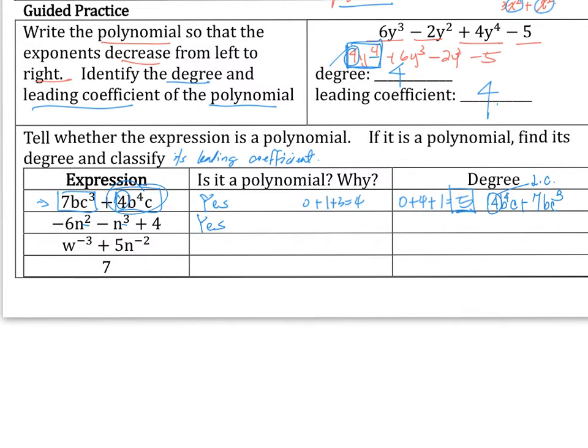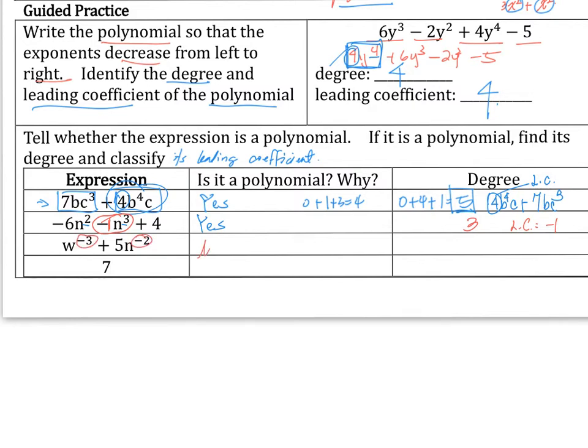And then we will have to look at this term. It has the greatest power, so the degree is 3. And then the leading coefficient would be -1 here. And then if we look at the next example, we have negative exponents.